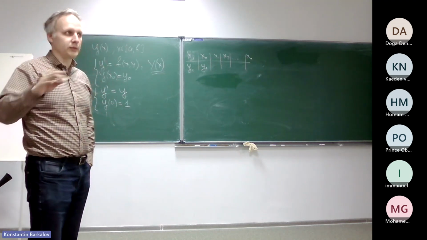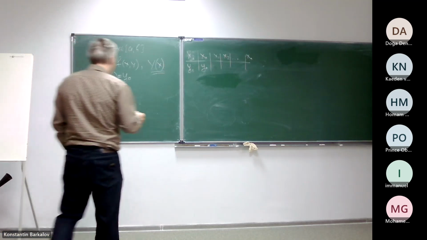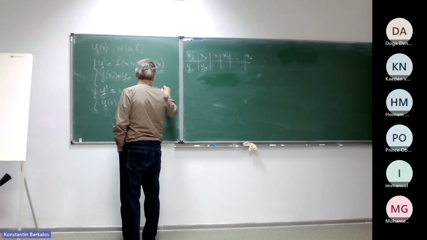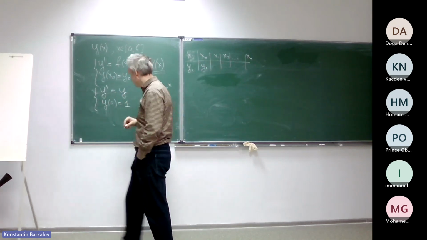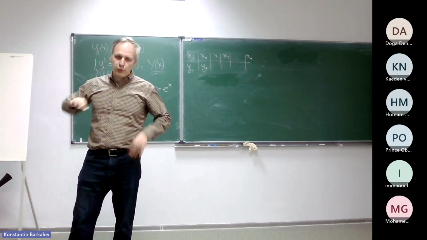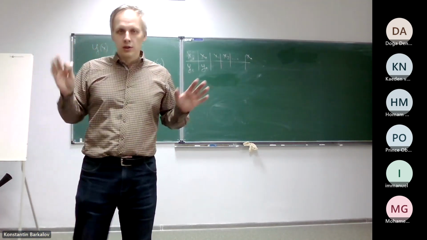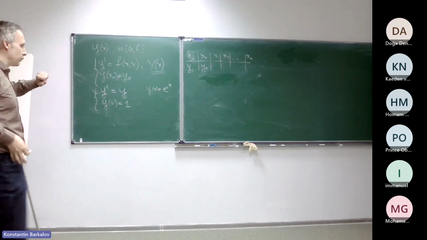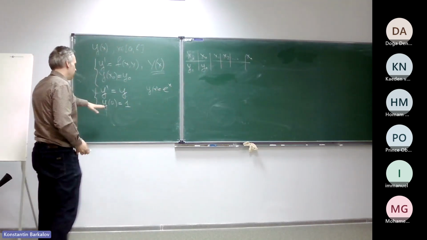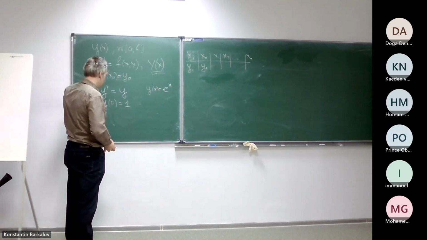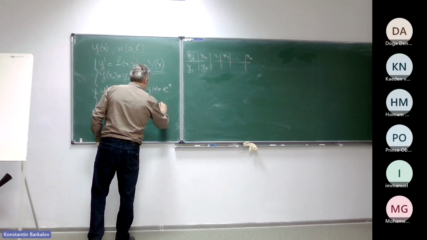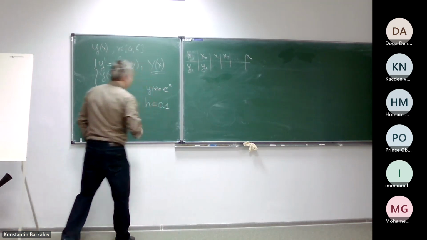You already told me the exact solution: y of x equals e power x. But suppose we don't know how to find this exact solution, but we want to apply the Euler method to this problem with step h equal to 0.1.